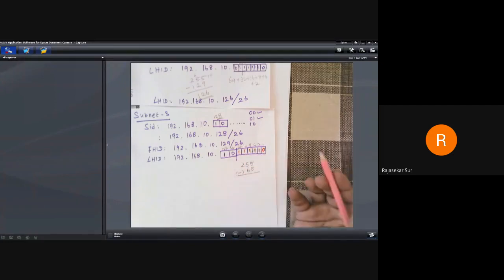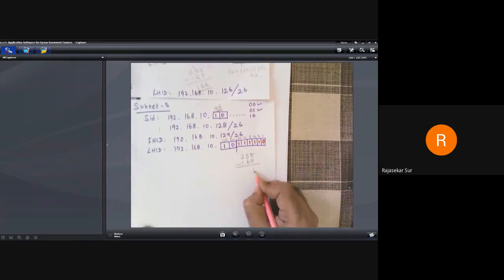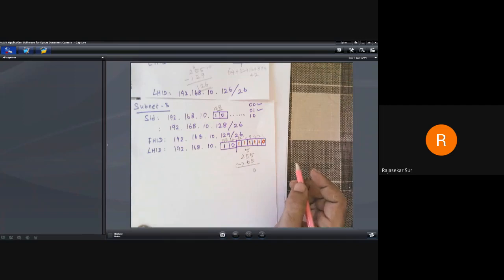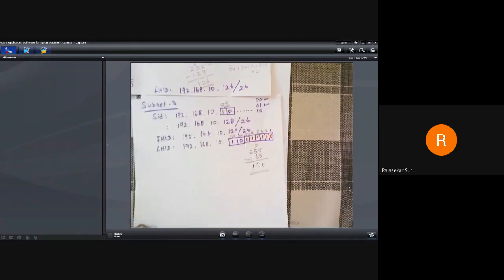That is also correct. So I'm going to reduce 65, which gives 190. Am I right? Yes.